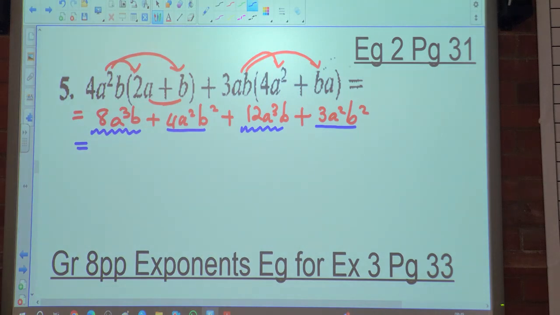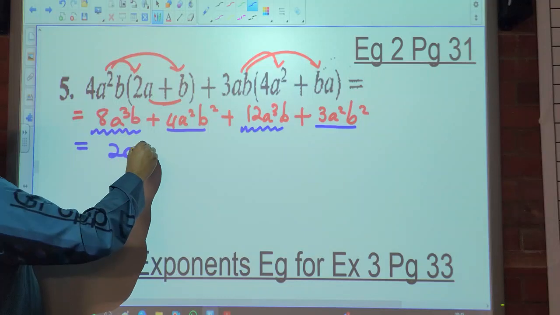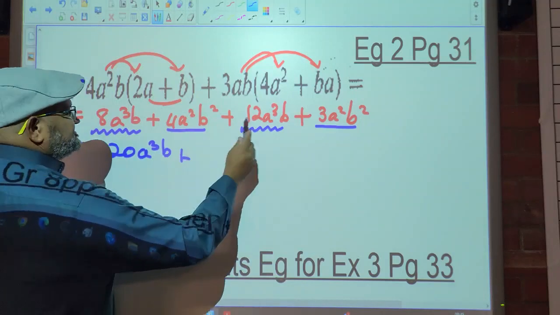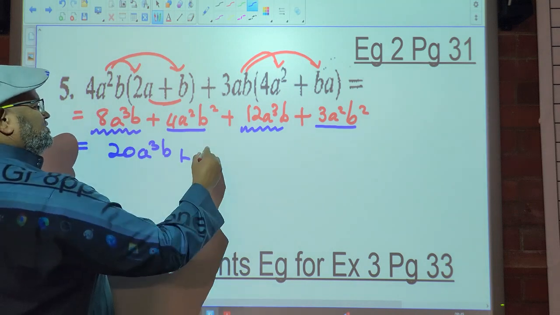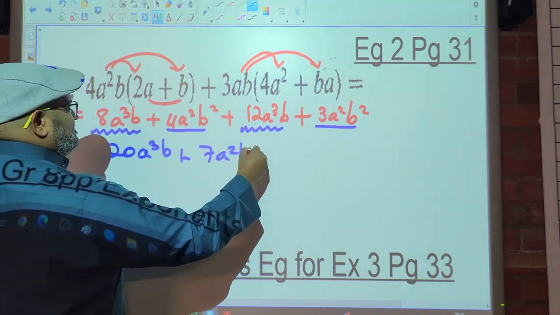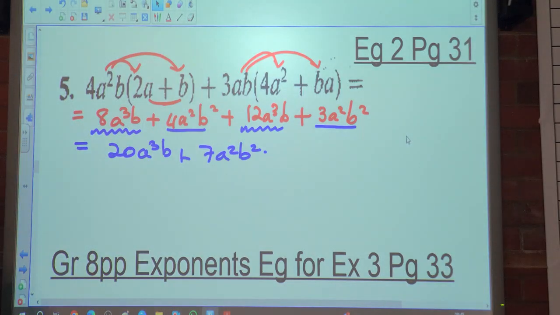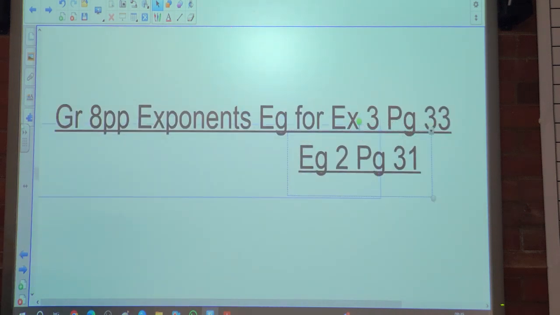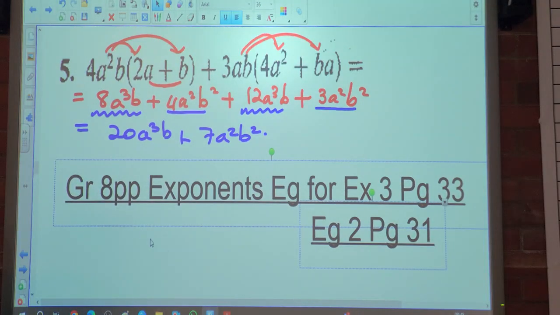So what is 8a cubed b plus 12a cubed b? 20a cubed b, plus 4a squared b squared plus 3a squared b squared, 7a squared b squared. What's 3 plus 4? And when we're adding and subtracting, the variables stay the same.